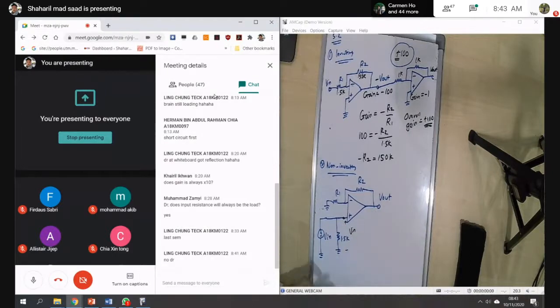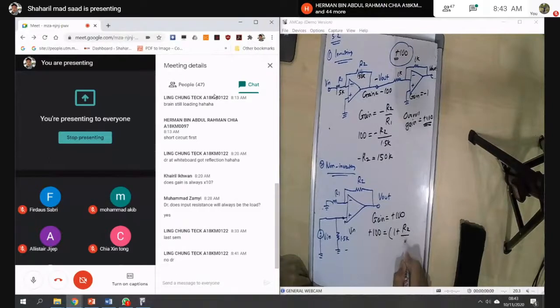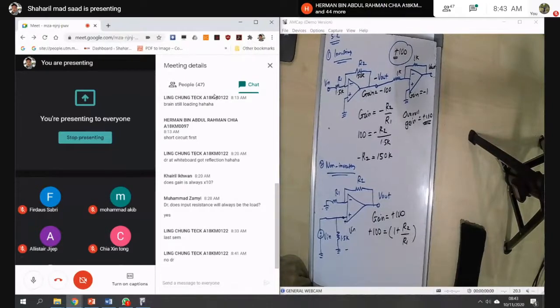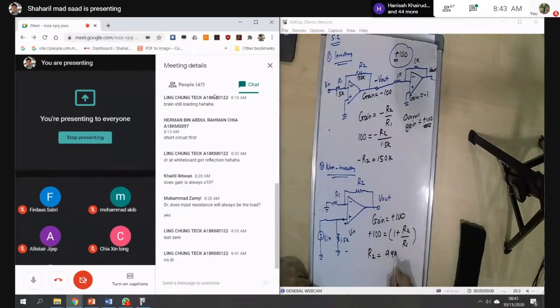Now you want to get the gain plus 100. Gain plus 100 means 1 plus R2 divided by R1. So let's say we choose R2 as 99K and R1 as 1K.